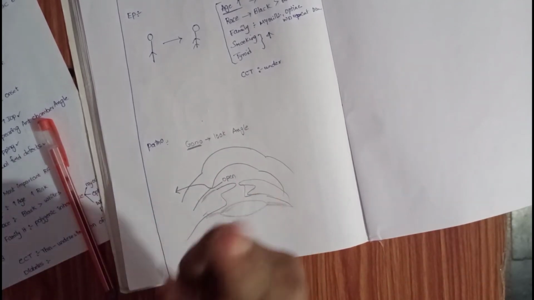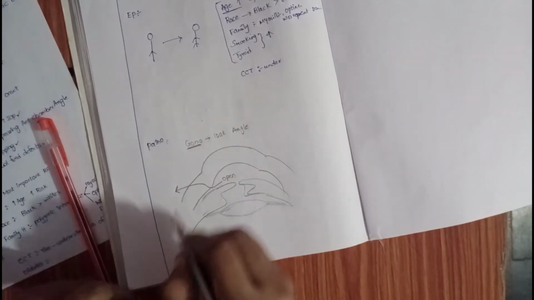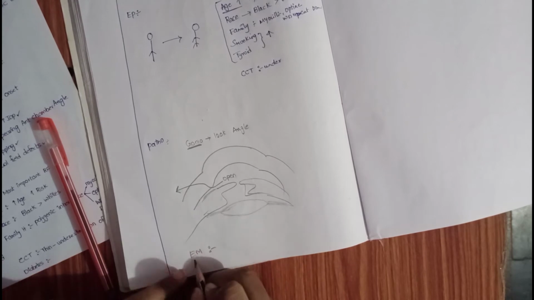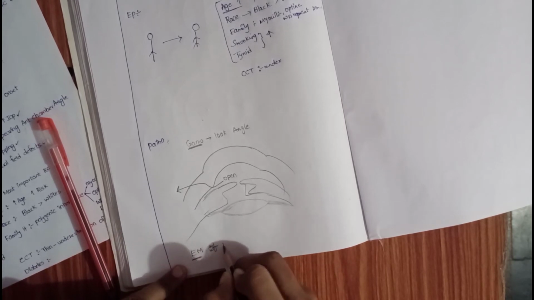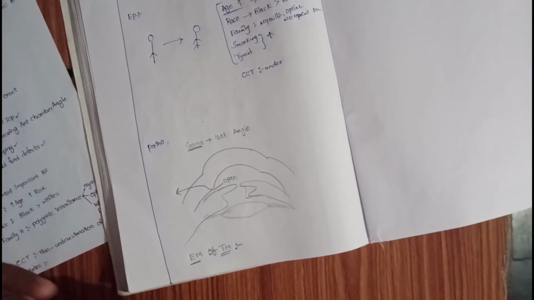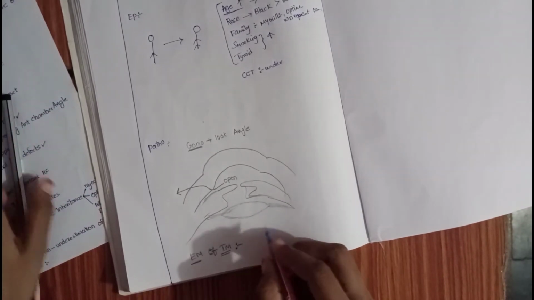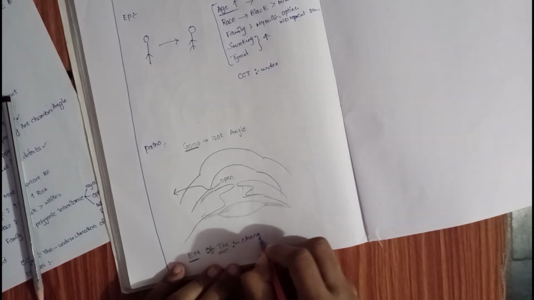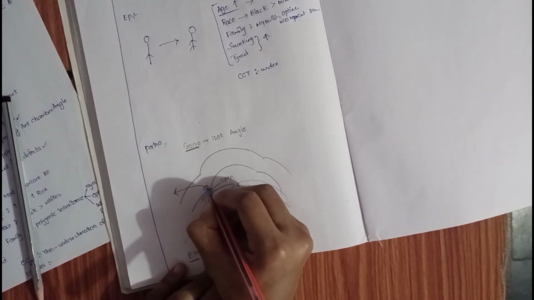Where is the pathology? Do electron microscopy of the trabecular meshwork in the patient. In that, you can see whether the trabecular meshwork has any change.